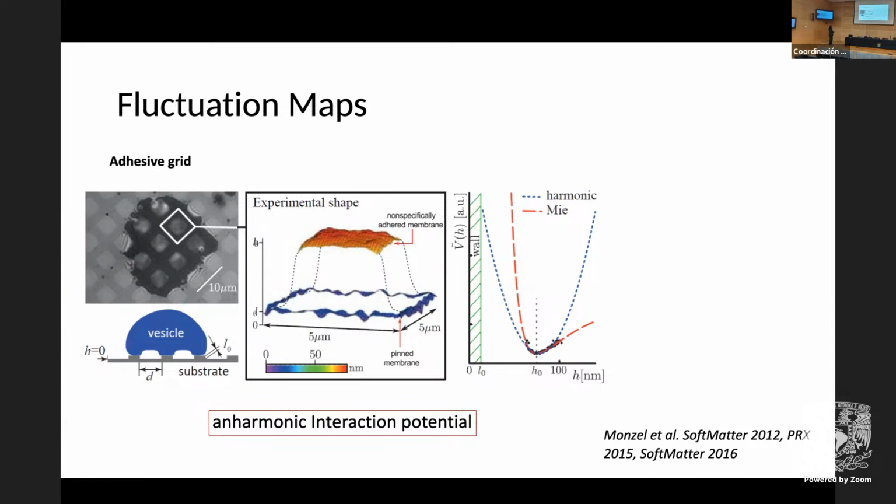Then it forms pockets, and I can reconstruct this frame by frame, look at each time point at what the membrane looks like, and calculate the interaction potential between the membrane and the surface. So the membrane is fluctuating a little bit, and it's around 100 nanometer away.